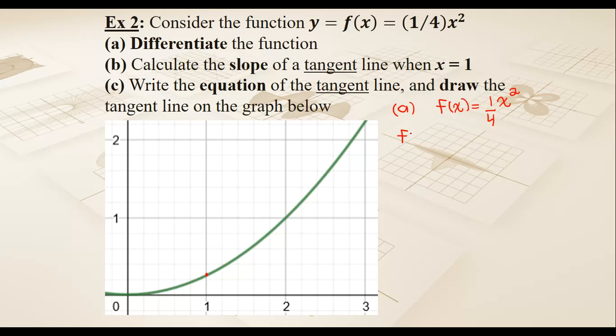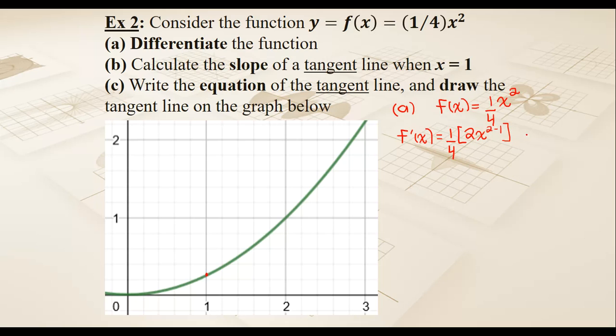So f prime of x would be equal to, now, this is the constant multiple rule. We don't have to worry about this numerical coefficient in front. We just leave it as it is. And then we just take the derivative of the actual function here, x squared. So the derivative of x squared would be move the power down, so you have 2 x to the 2 minus 1.